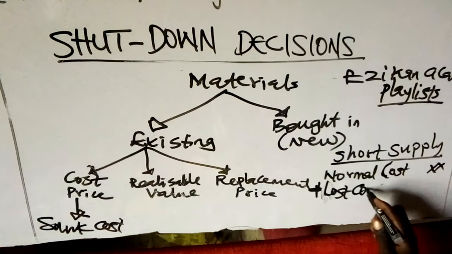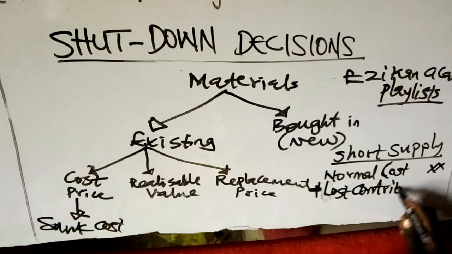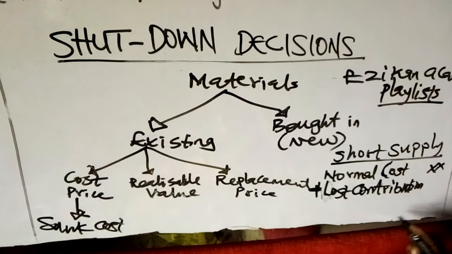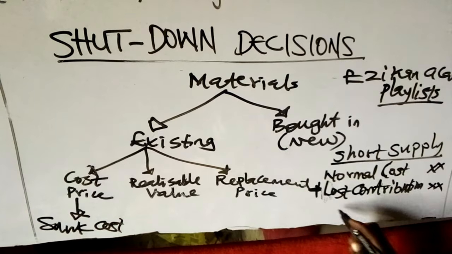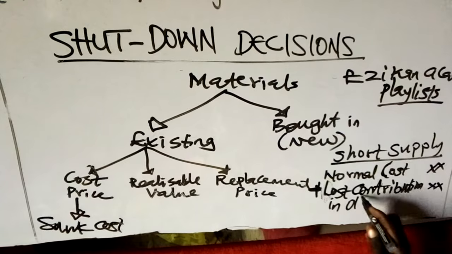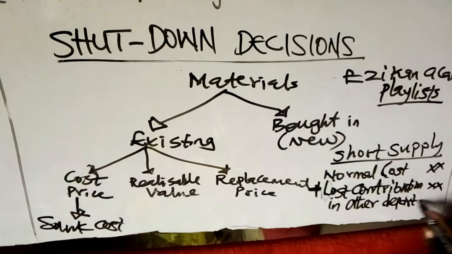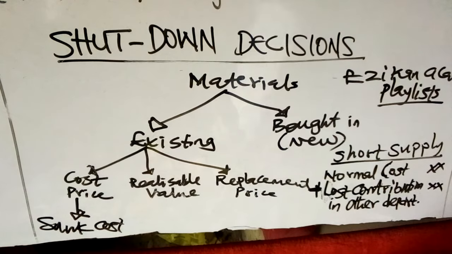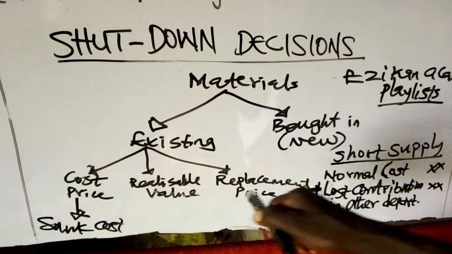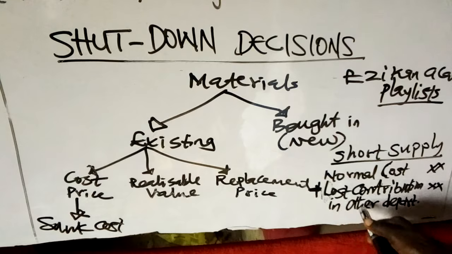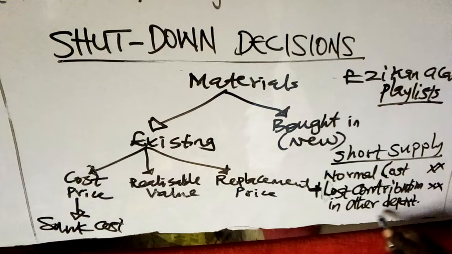Lost contribution in other departments. Remember, where you have to divert material from A, the contribution from that A will have to be lost. That's what I mean by lost contribution in other departments.